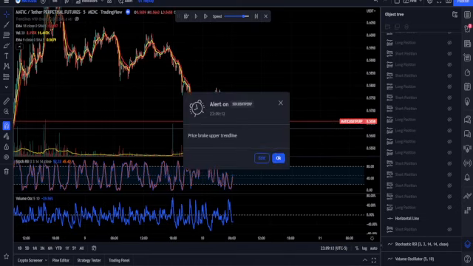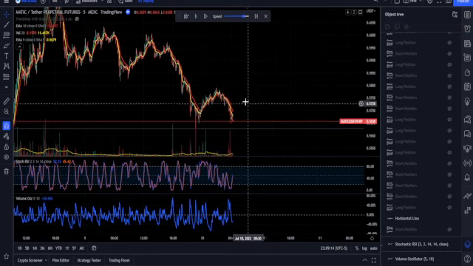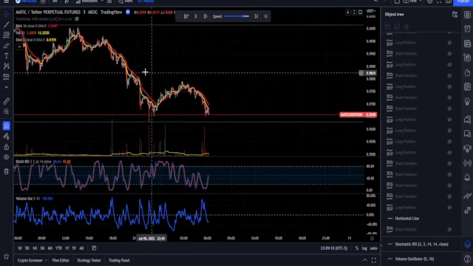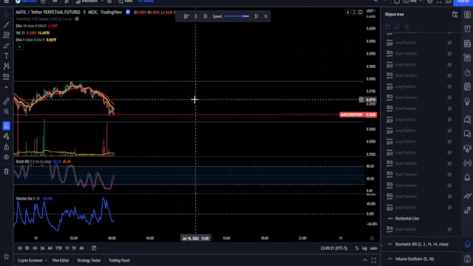And let's see here. Oh, yes, I have some alerts set up. Alright, this is on Matic, okay?